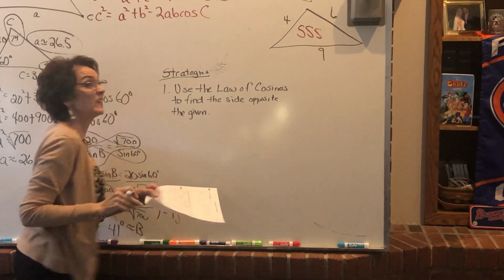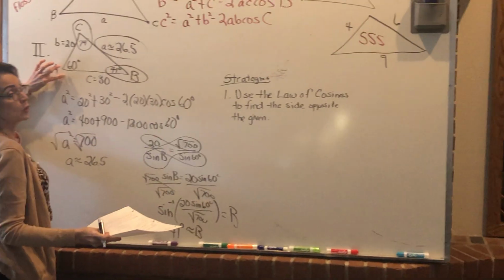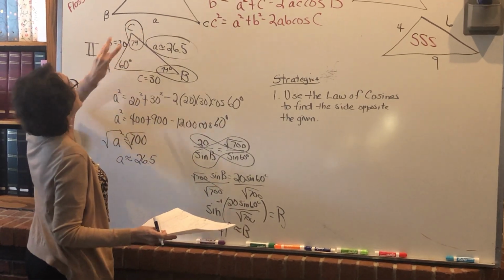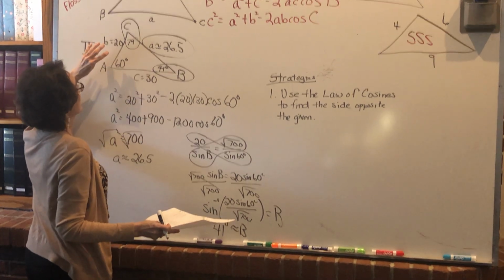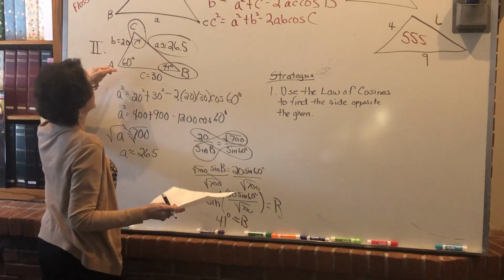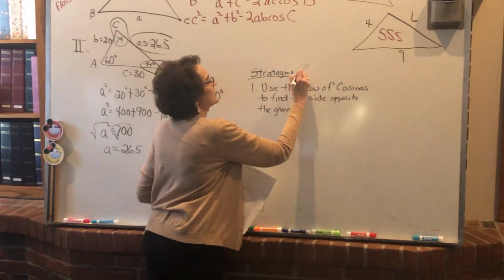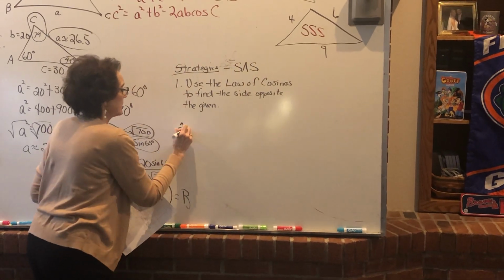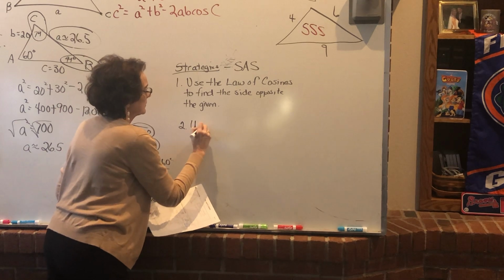And you kind of don't really have a choice because if you're given the included angle, then these are the two sides. This is an SAS. So you kind of are stuck. That's about the only thing you can do, okay? So remember, this is the strategies for an SAS. All right, number 2. Then you're going to use the law of sines.